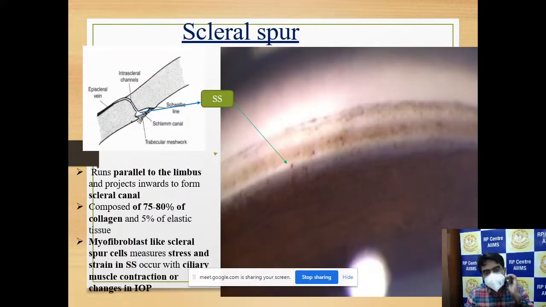Then coming to the next structure, scleral spur, which is a thick whitish band because it is mainly composed of 75 to 80% collagen fibers.